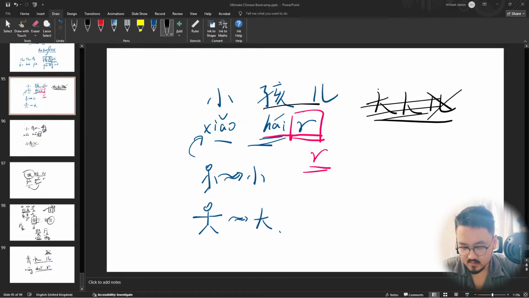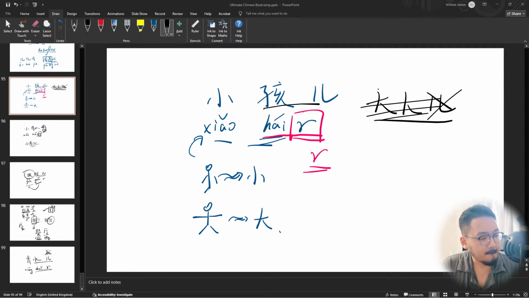There's research, whose name I can't repeat because I read it somewhere, about the pronunciation change from ancient China to modern Chinese, and it's completely different.